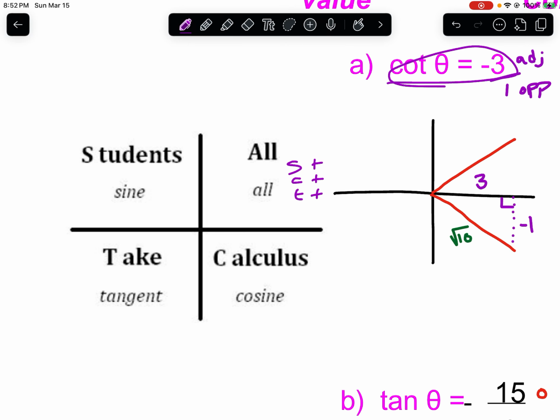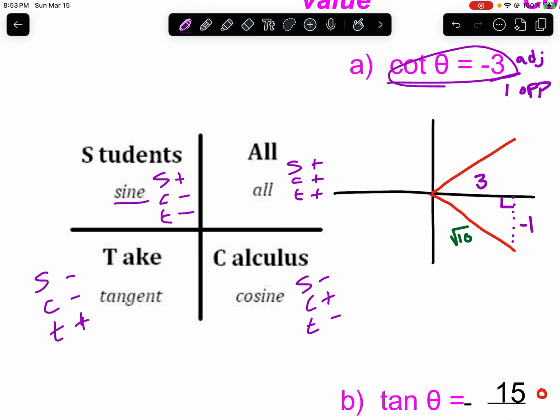In quadrant 1, sine, cosine, tangent are all positive values. In quadrant 2, sine is positive, cosine is negative, tangent is negative. In quadrant 3, sine is negative, cosine is negative, tangent is positive. And in the last one, sine is negative, cosine is positive, tangent is negative.